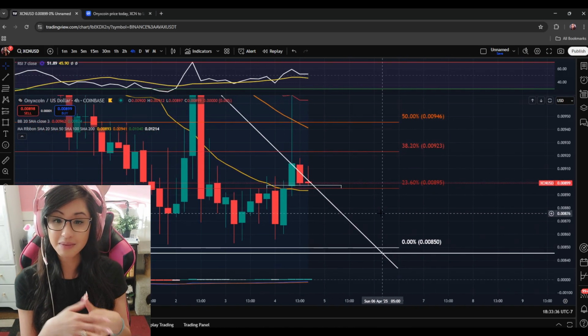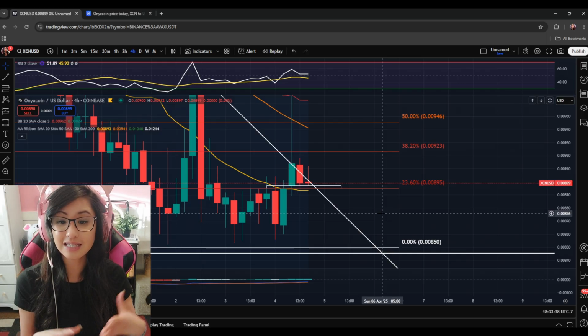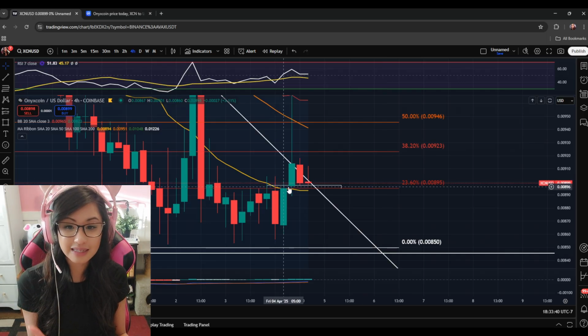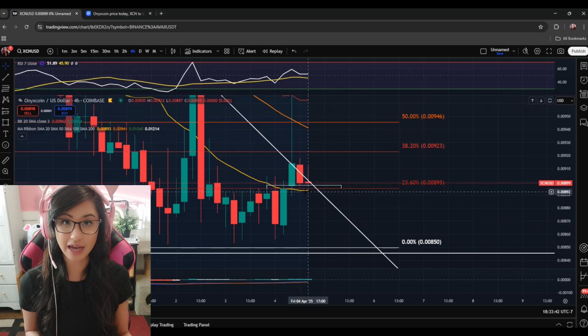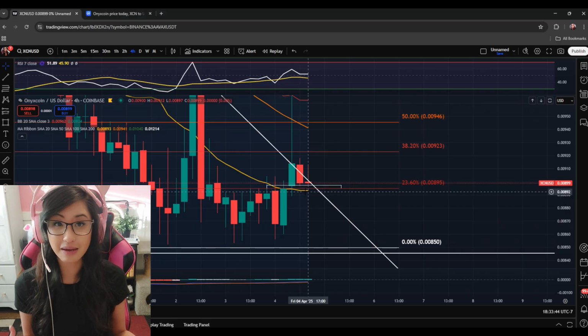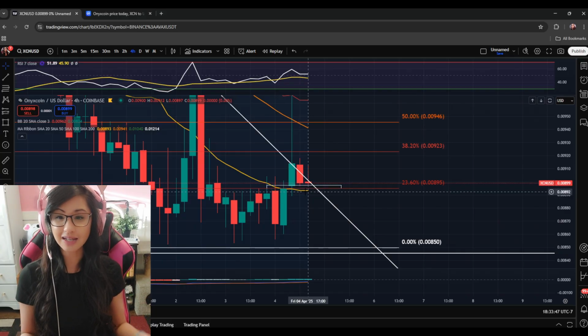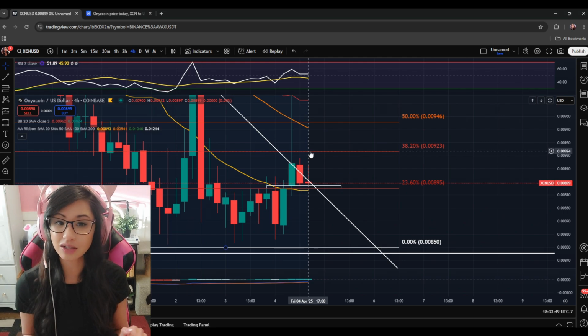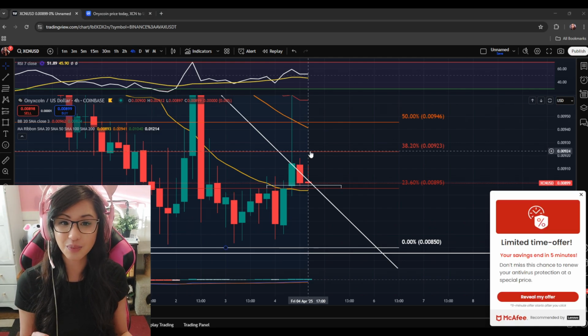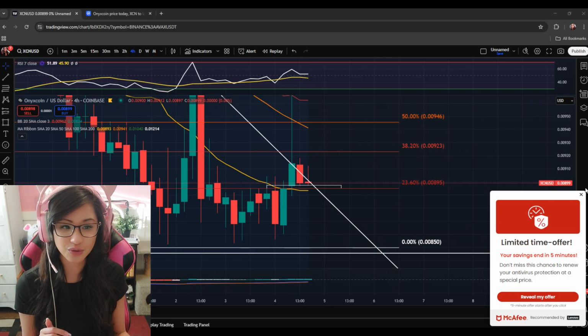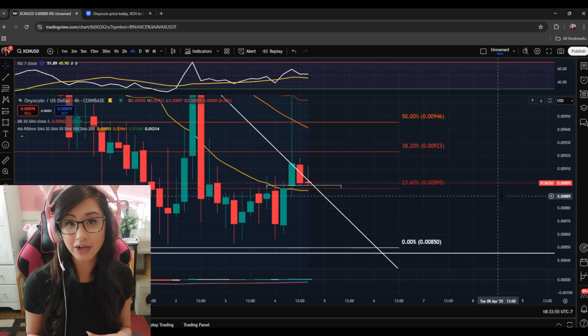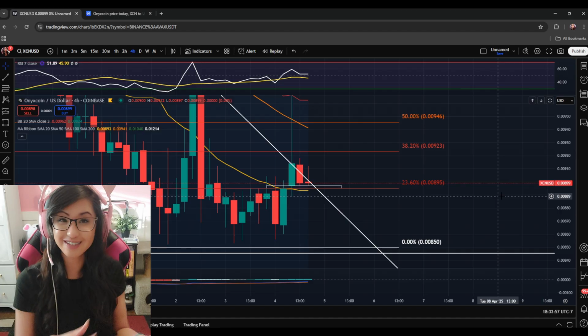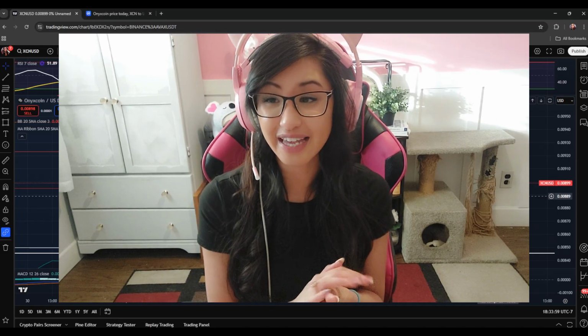So again, that may be tested if we see some support around our 20 moving average. Let's say that the bulls do step in and we see a strong rally. The next area we're taking a look at is going to be around 0.00923. But definitely keep those key areas in view, and especially take a look at your indicators as well going into Onyxcoin today.